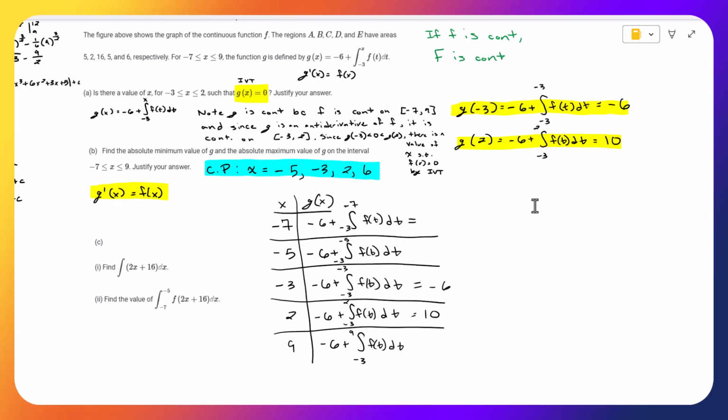So this is actually the same as this integral here: -6 minus the integral from -7 to -3 of f of t.